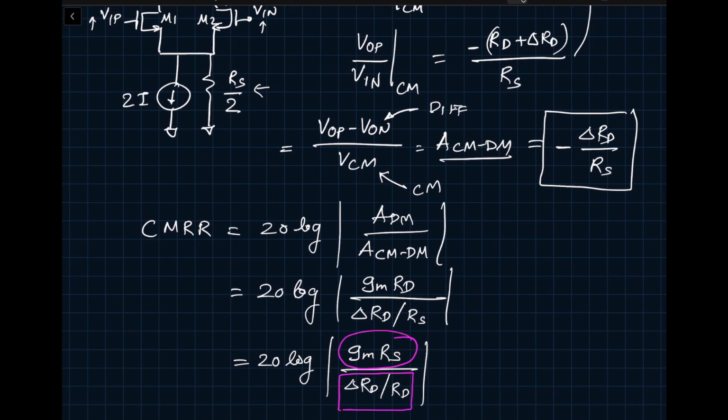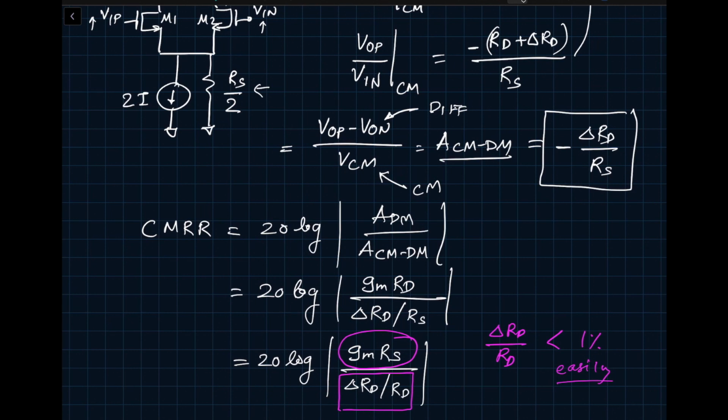The CMRR will be infinite. But in reality, you get delta RD divided by RD, which is resistor matching. The degree of matching is important. We can easily get this to be less than 1%. You can see that if the two resistors match very well, the two transistors match very well, then you should get a very good common mode rejection ratio.